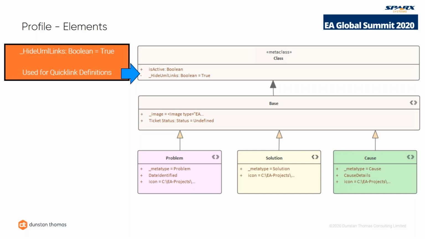If you do not put this attribute in, you will get your quick links and the UML ones. Well, let's assume you don't want the UML ones. Then you must put this minus hide UML links colon Boolean equals true. You must put it in. Otherwise, your quick link menus will look messy.